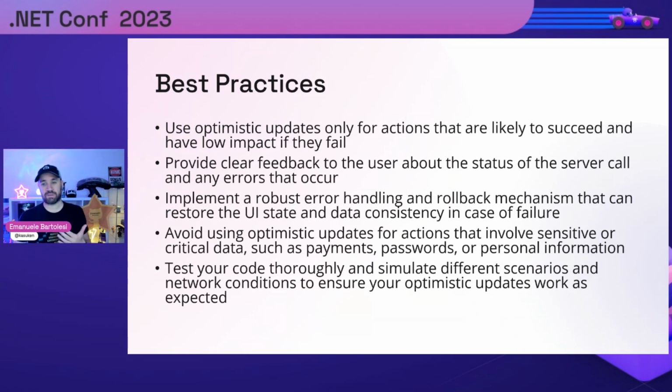And when do we need to use optimistic update? Of course, we don't have to use optimistic updates always and in every project, because maybe you don't need it. I mean, if you have, for instance, an application with a lot of forms, with a CRUD application, with CRUD operations, maybe it's not the right place to implement optimistic updates, because in that case, it's harder to update all the UI with all the values in the forms and stuff like that.